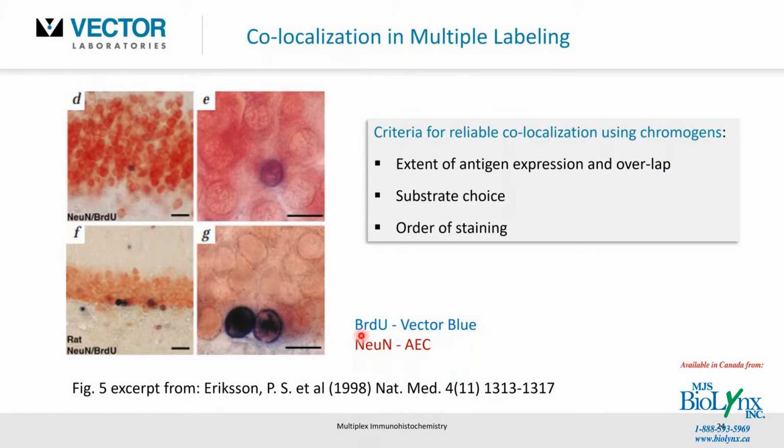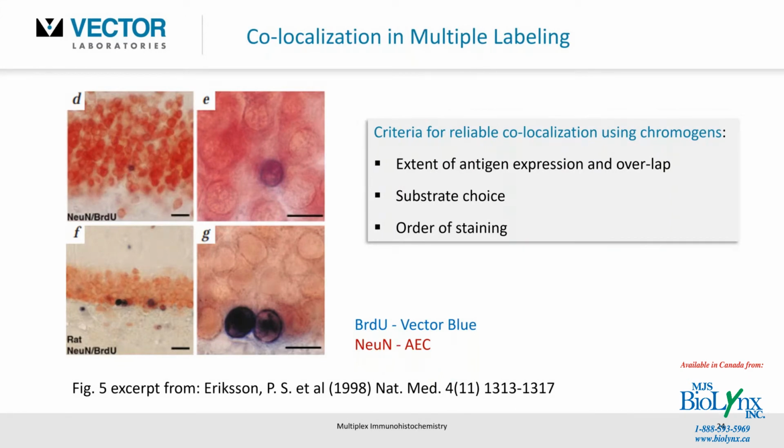One was BrdU, highlighted here with Vector Blue, and also NeuN staining with AEC. They successfully co-localized these two target antigens using this methodology. There are other examples out there, but this is a nice color plate I could show, at least as an educational plate for this given webinar.